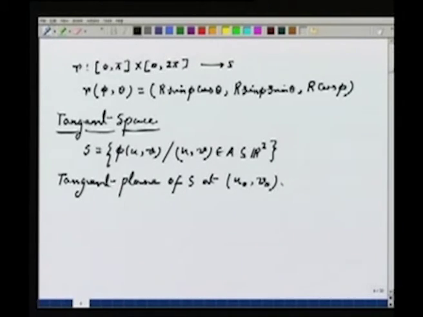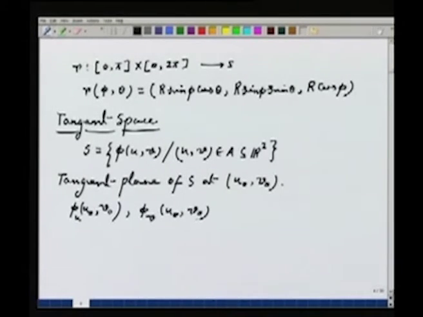What you do is you first fix v0, and then look at phi u at (u0, v0). This gives you a direction of the tangent to the surface at the point (u0, v0), and the orthogonal direction can be found by phi v at (u0, v0).